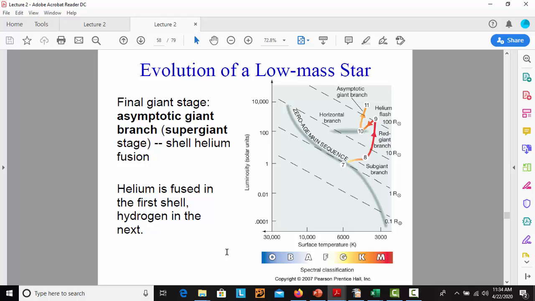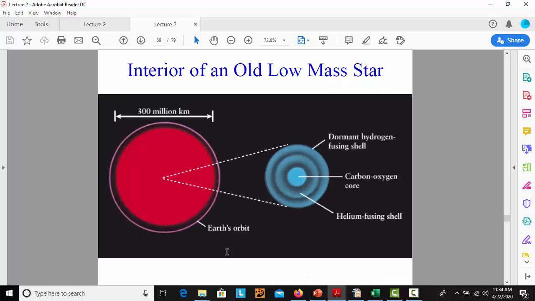Then we get the final giant stage, the asymptotic giant branch, or the supergiant stage, with shell helium fusion. The helium is fused in the first shell, and hydrogen in the next. So we get something that looks like this.